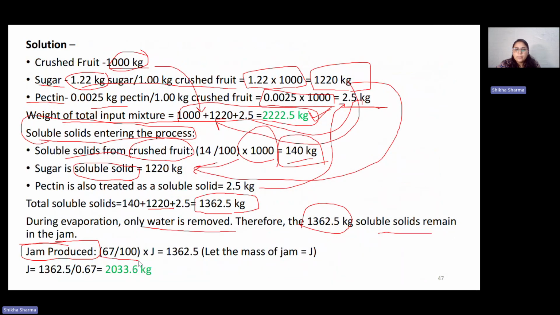So 67 divided by 100 into J, where J is the mass of the jam, equals 1362.5 kg, because the total soluble solid in the mixture is the same as in the final product, since only water is removed, right? So J would be 1362.5 divided by 0.67, which is 2033.6 kg of jam produced as the final product.